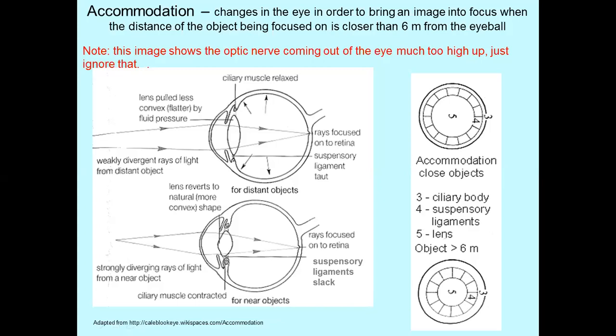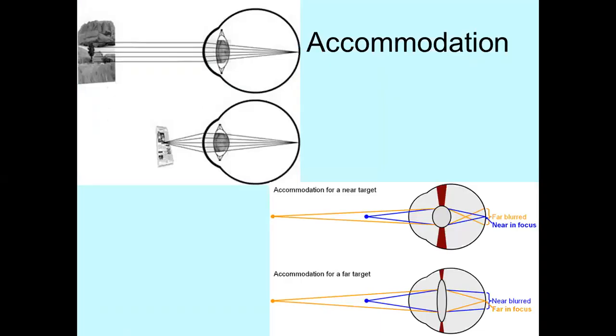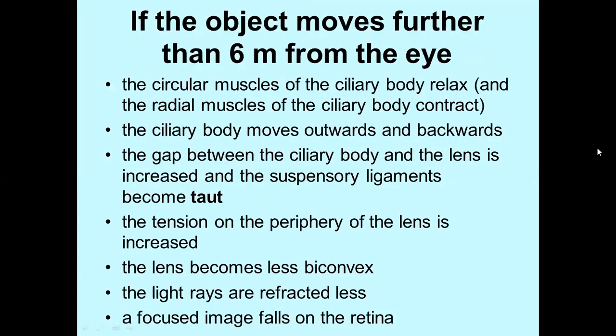The eye doesn't change if looking at objects further than 6 meters. If you look at an object at 6 meters and 10 meters and 20 meters, no change. Okay, make sure that you understand those stages. So this would be if the object moves further than 6 meters from the eye, circular muscles of the ciliary body relax, radial contract.